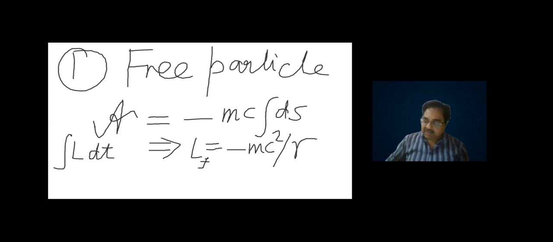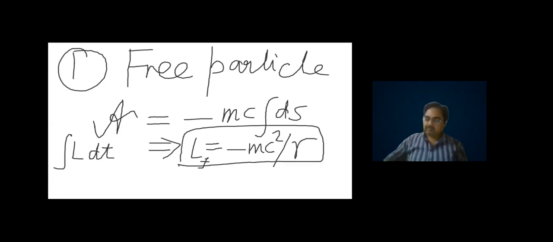So we will try to write this expression now in manifestly covariant form. How do we do that? Let us again see whether it is a Lorentz scalar or not. Now look at m. m is a Lorentz scalar, right? Look at c. c is a Lorentz scalar. Look at gamma. Gamma is not a Lorentz scalar.